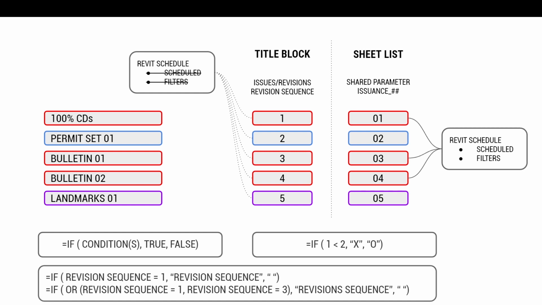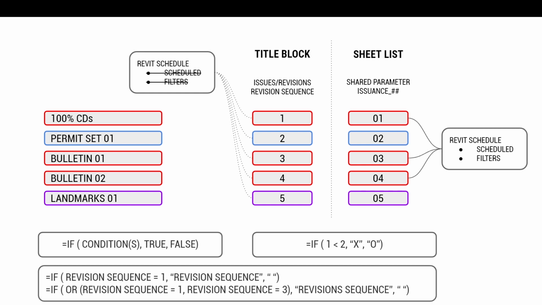And what we can do is we can actually introduce a second level there for the conditions, if, or. So now we're embedding an or statement within the if statement, and it's going to say revision sequence equals 1, or revision sequence equals 3, return the revision sequence, otherwise return an empty space.